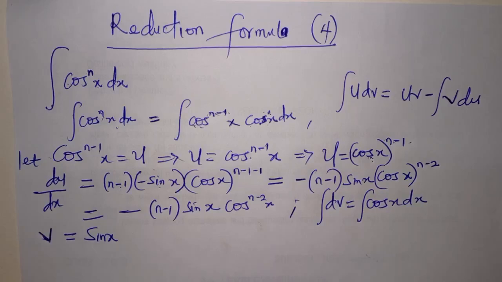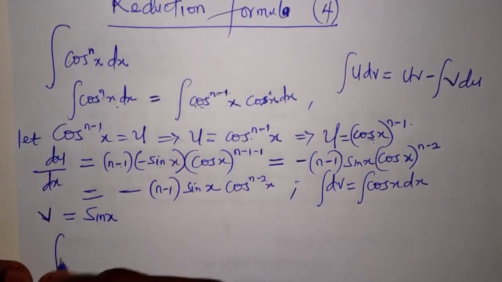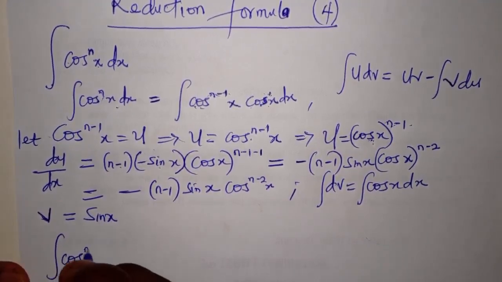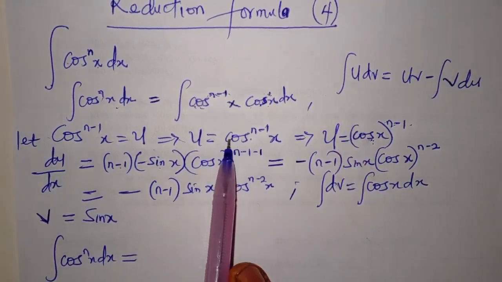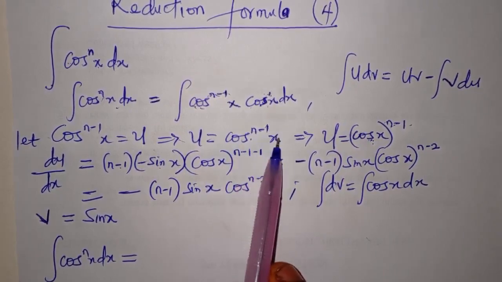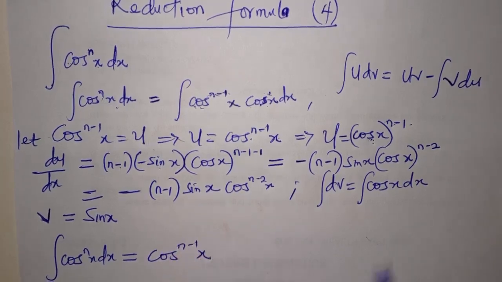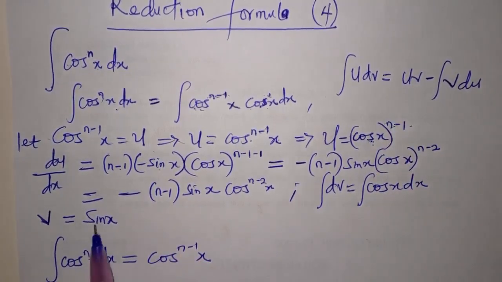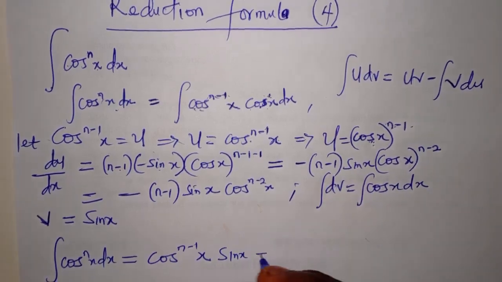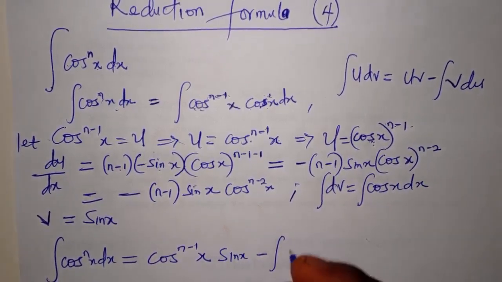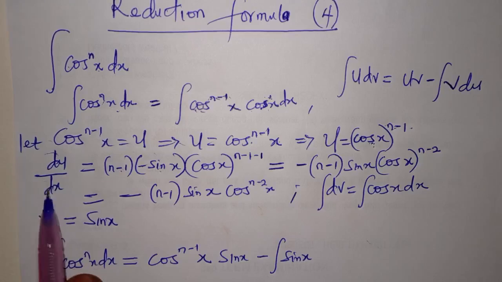Applying that formula, we have the integral of cos^n x dx. cos^(n-1) x is u. This is v, sin x, minus the integral of v, sin x, du. du/dx is equal to this.